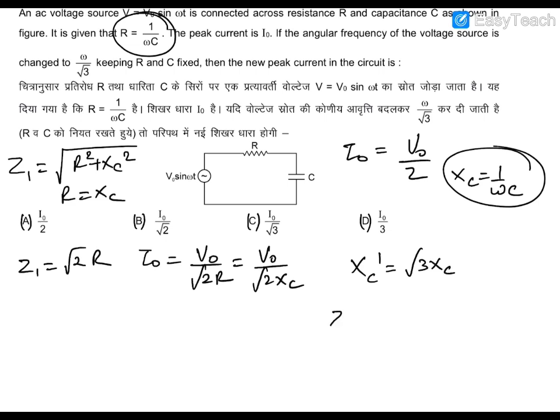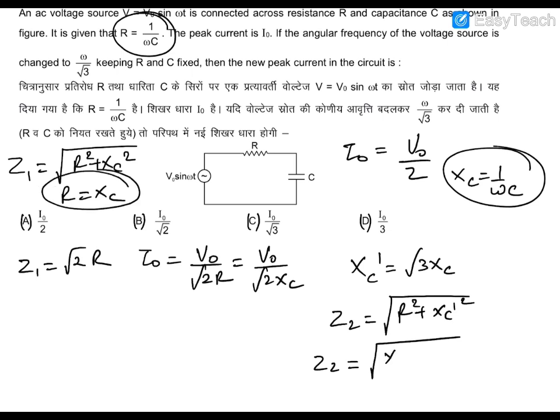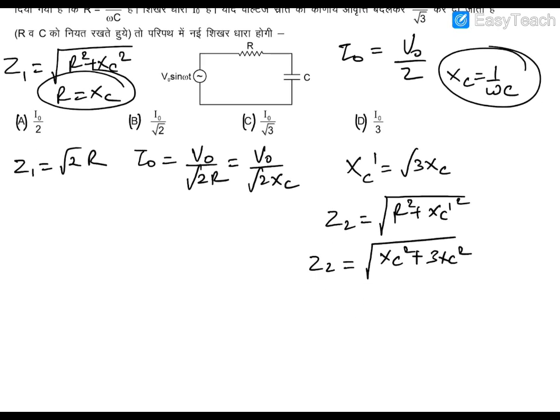Therefore Z2 will be equal to under root of R square plus XC dash whole square. R is obviously equal to old XC, so this is XC square, and XC dash is root 3 times of this, so this is 3XC square.